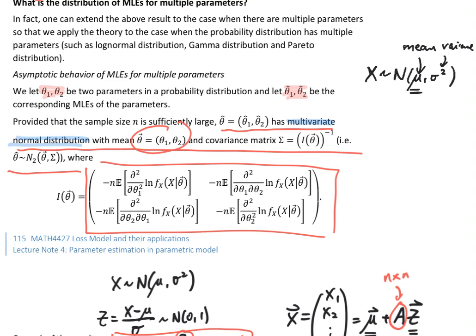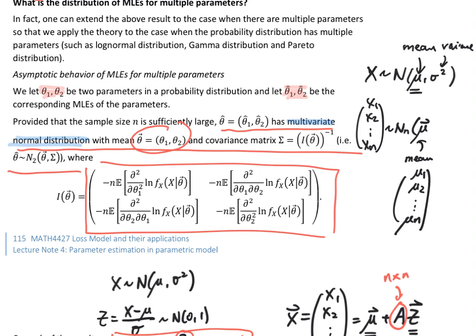Similarly, a multivariate normal distribution also has 2 parameters. One again will be the mean. In the case where you have n random variables, the mean will be an n-dimensional vector, and each entry will be the expected value of the individual Si.